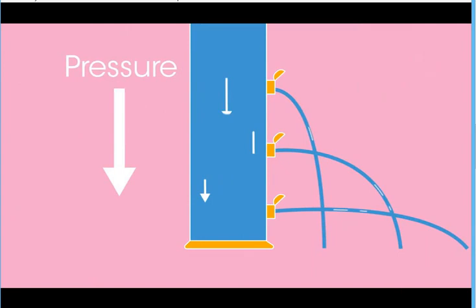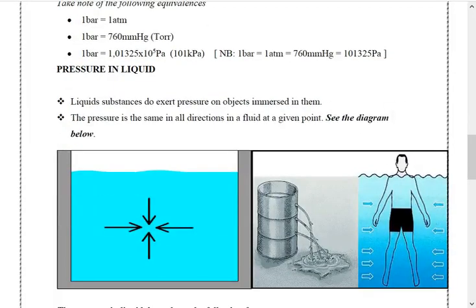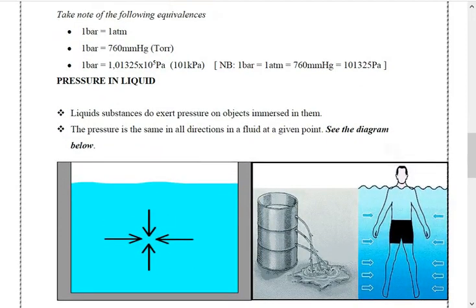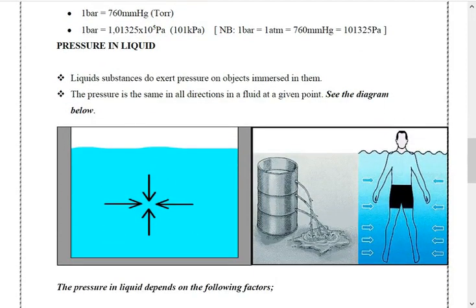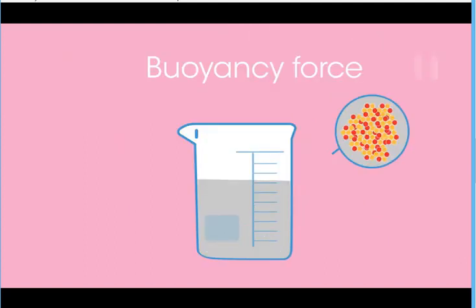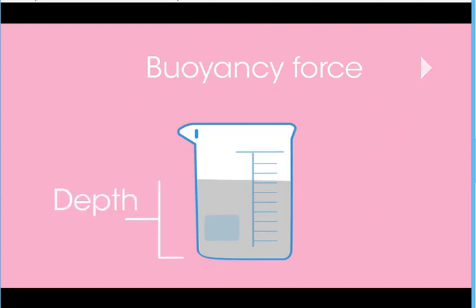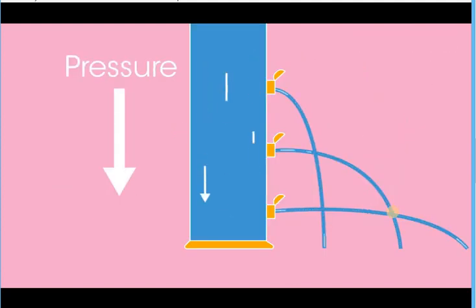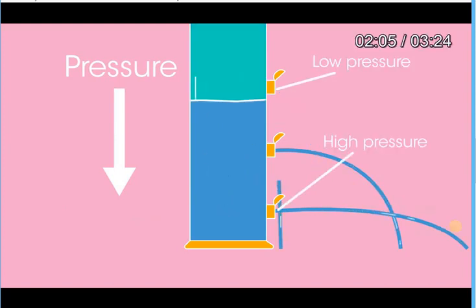So this part, I hope we still remember the concept of how pressure increases with depth. We recall that if you have water in a barrel, water in a drum, the water that pours out of the hole at the lower point will go a further distance, right?